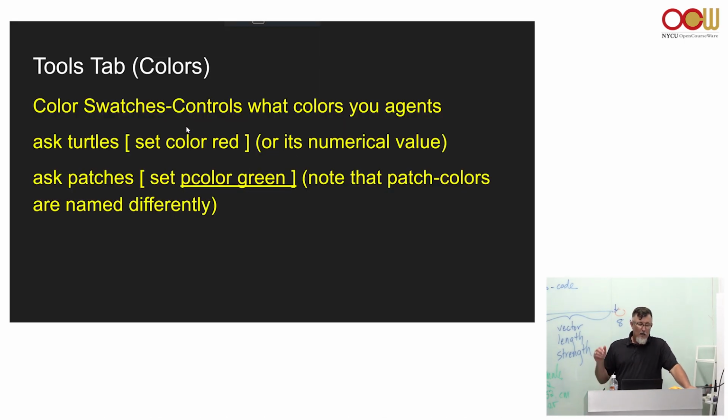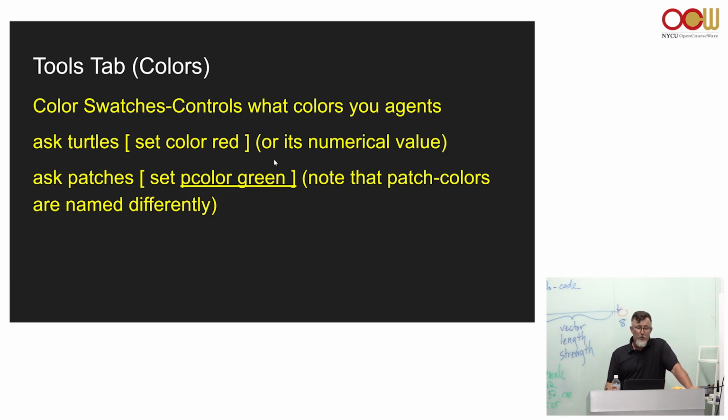Okay, how to work with colors, how to work with shapes. Look here, we'll talk about how to set colors. So ask turtles, and then in here, remember that's the command block, set the color that you want to set it, red or green. Ask patches, set the P color, red, green, whatever.